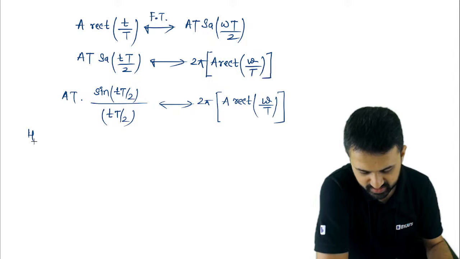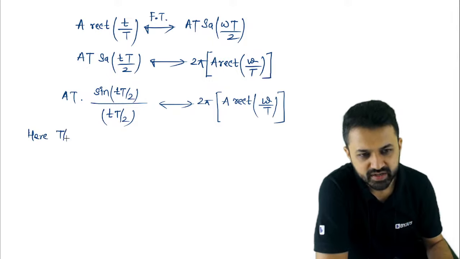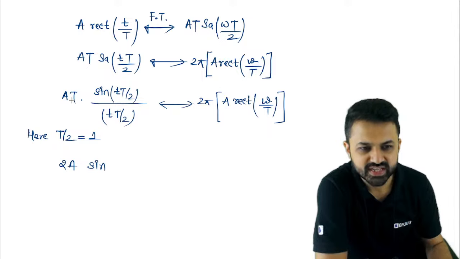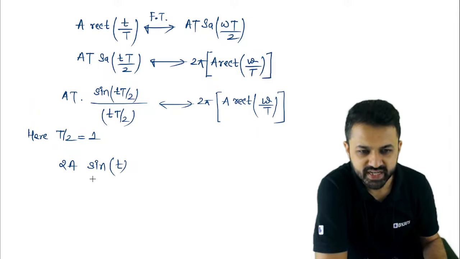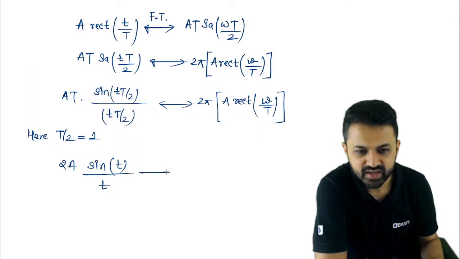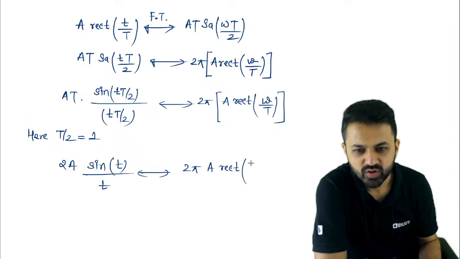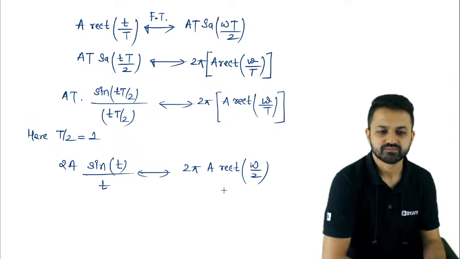Okay, here capital T by 2 equal to 1, if I put that, then the left hand side will become 2 into a, because T is equal to 2. So sin t divided by t, and 2π, this is a rectangular function of ω by 2.